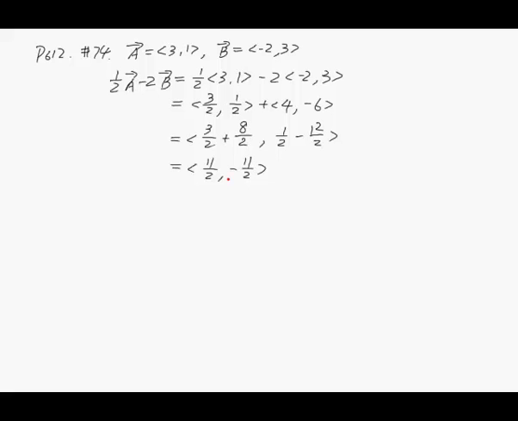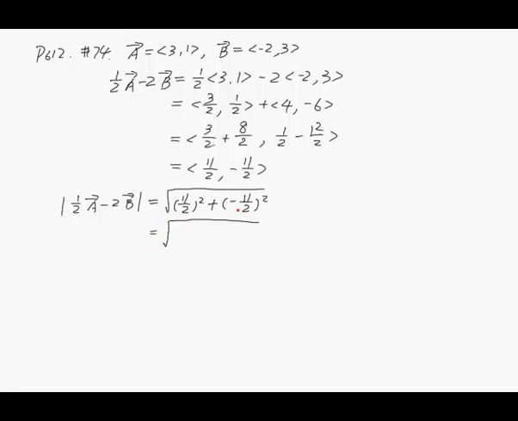So now we get the expression for this vector. Then the magnitude of this vector is equal to the square root of the square of 11/2 plus the square of negative 11/2.